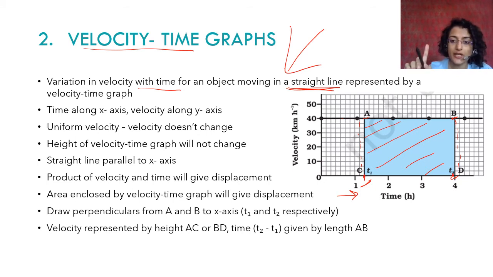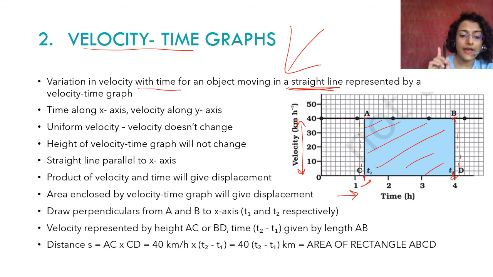Velocity is represented by the height AC, or BD, because this is parallel to the y-axis. So AC is equal to BD is equal to velocity. And distance S is equal to the area of this rectangle, which is breadth into length.